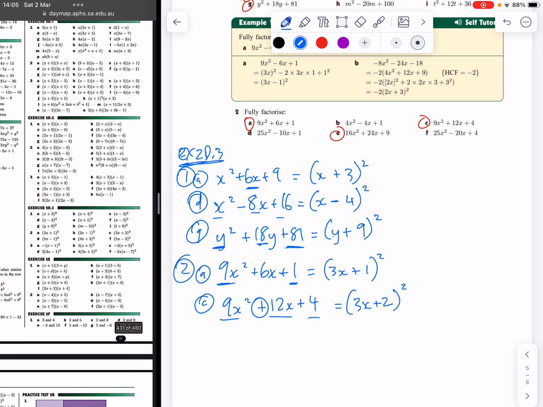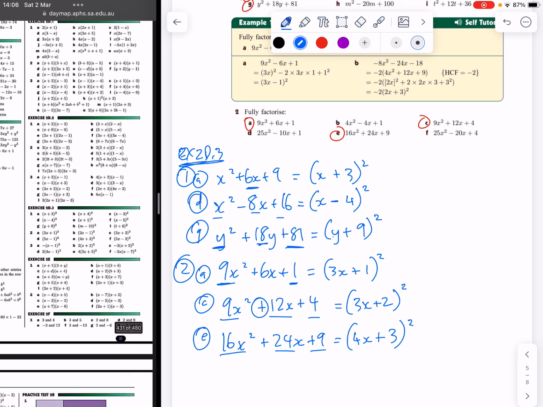ACE: 16x squared plus 24x plus 9. Square number, square number. What do I square to get 16x squared? 4x. What do I square to get 9? 3. 4 times by 3 is 12 times by 2, 24x. It's a plus situation, so that's it.